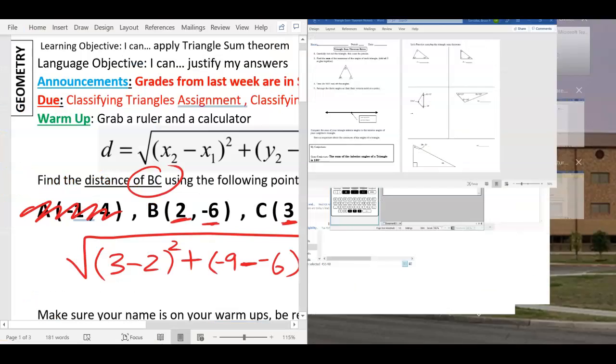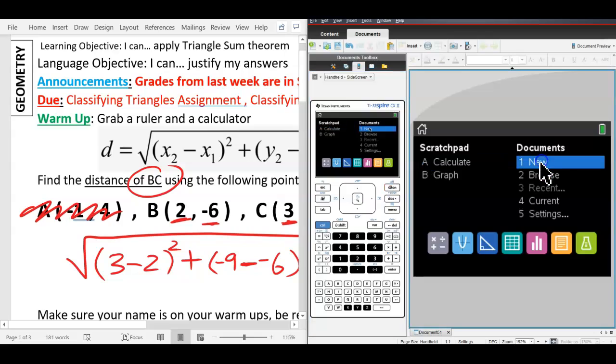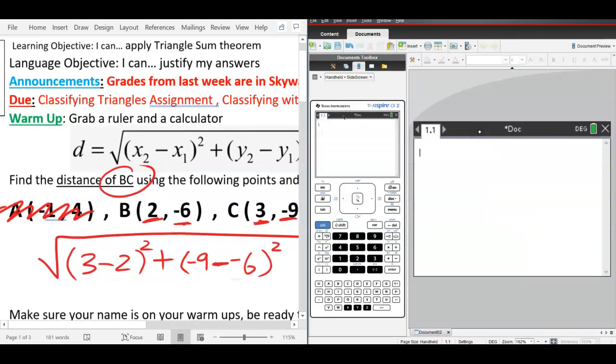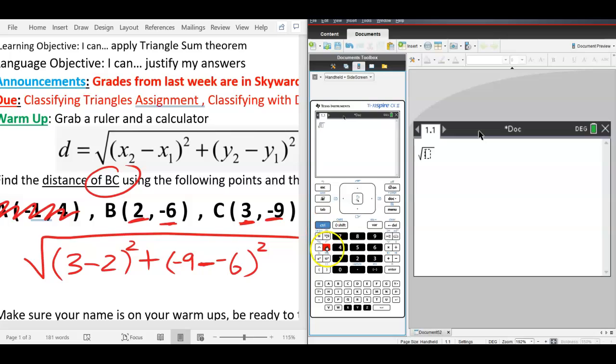Don't forget the last squared there, okay? So if you can do that, then you should be able to type it into your calculator. We go to new calculator and we press square root, which is control X squared, and then we start typing it in: parentheses, 3 minus 2, parentheses, squared, plus, parentheses, careful right here, negative 9 minus negative 6, parentheses, and don't forget that last squared.